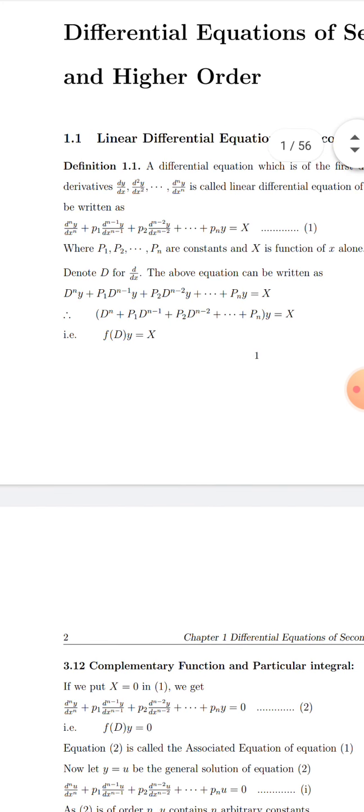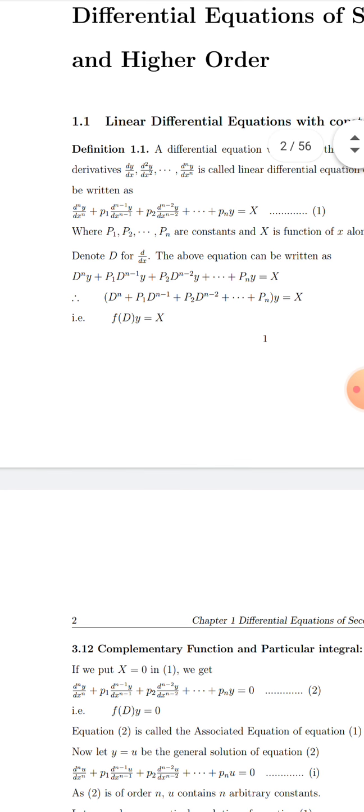Okay, so this differential equation can be written in the form of D, where D is represented by d by dx. So it can be written as D raised to n y plus p1 D raised to n minus 1 y plus p2 D raised to n minus 2 y up to pn y is equal to X. So we can take y as common from throughout the equation.